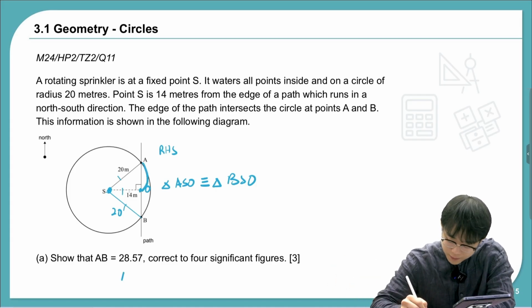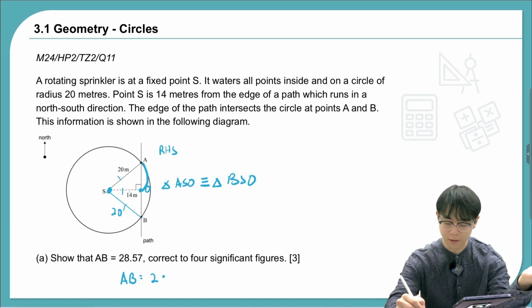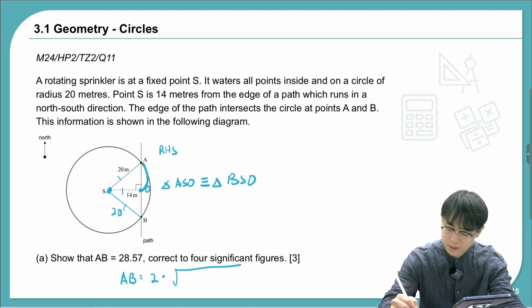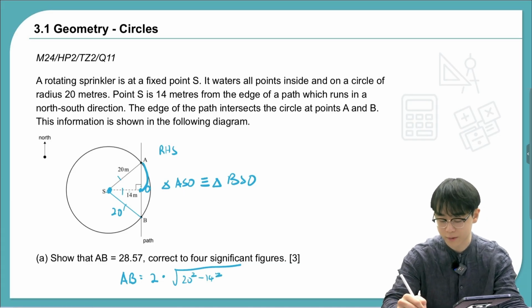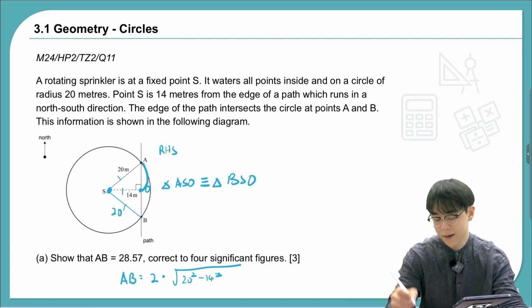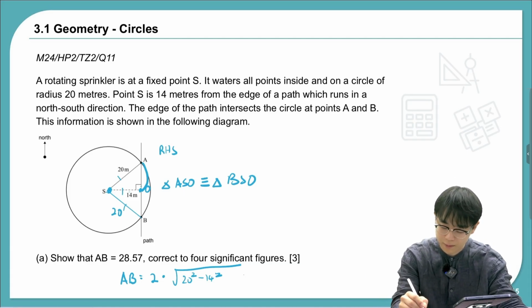So in order to find AB, we would say we're gonna do 2 times the length of square root of 20 squared minus 14 squared. Right? So using Pythagoras, we know AO squared plus 14 squared is 20 squared. So this is what gives out to be the half of length AB.